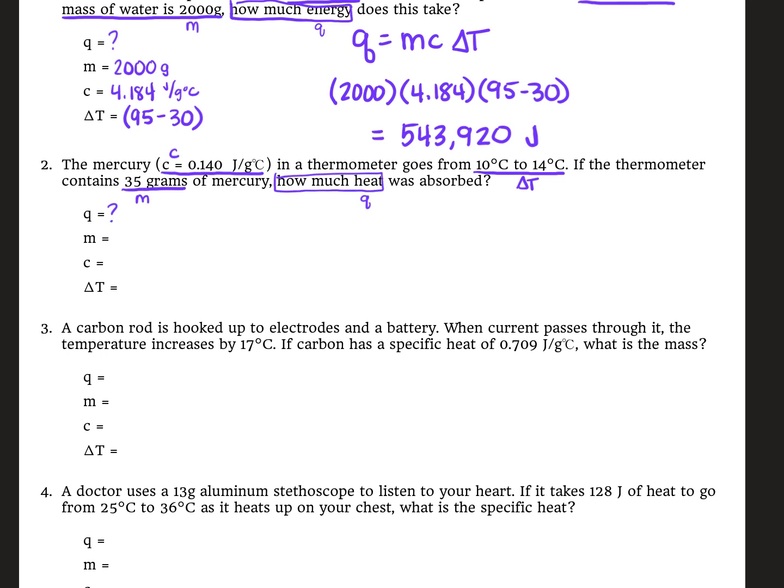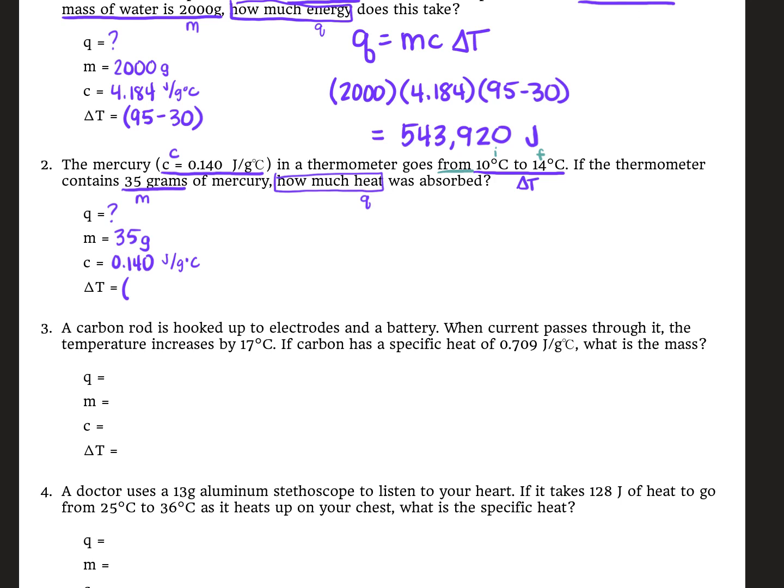So we don't know Q. Mass is 35 grams. C is 0.140. And delta T, remember, final minus initial. So if it says from 10 degrees to 14, this is our initial, our starting, and this is our final temperature.